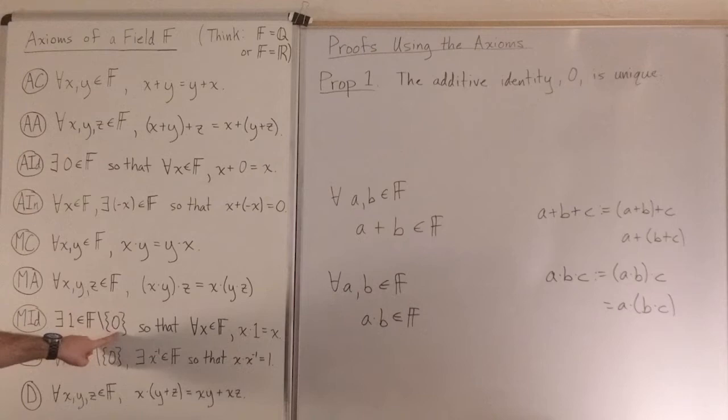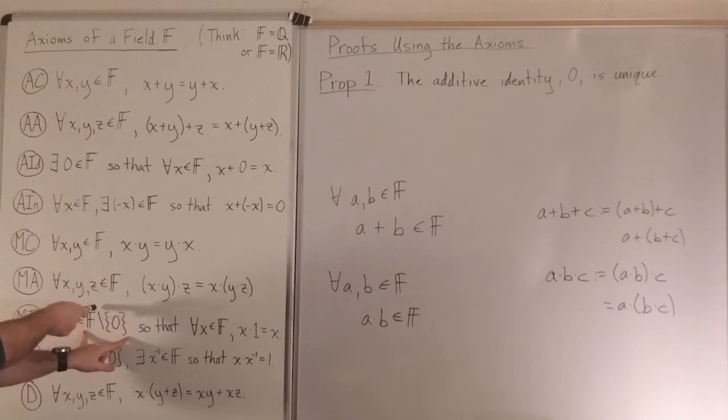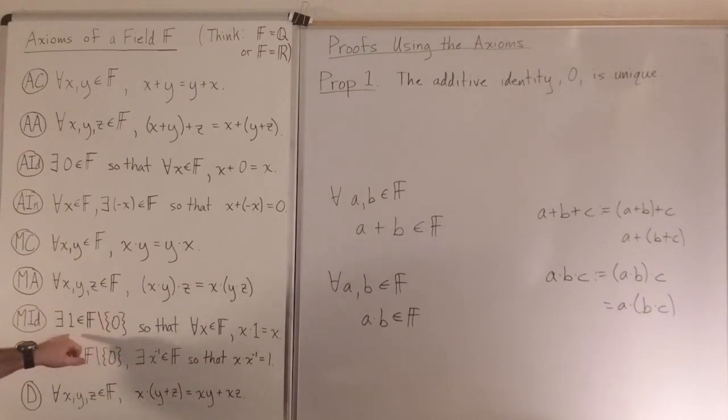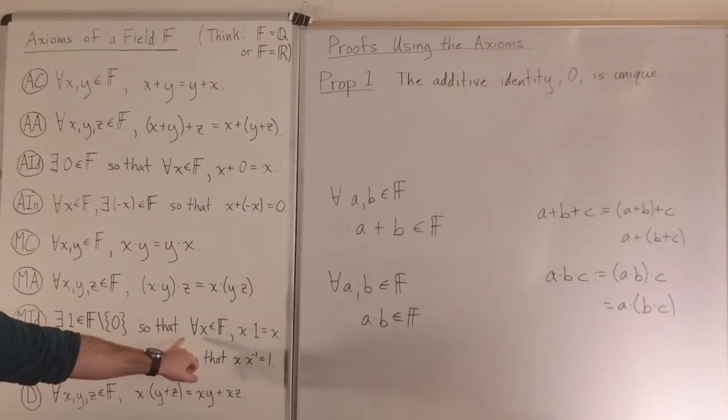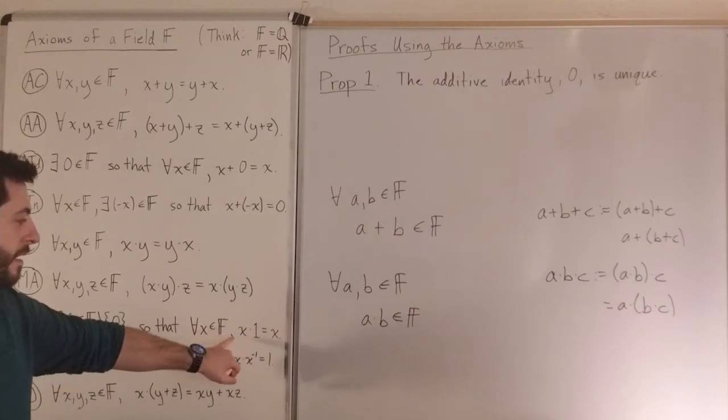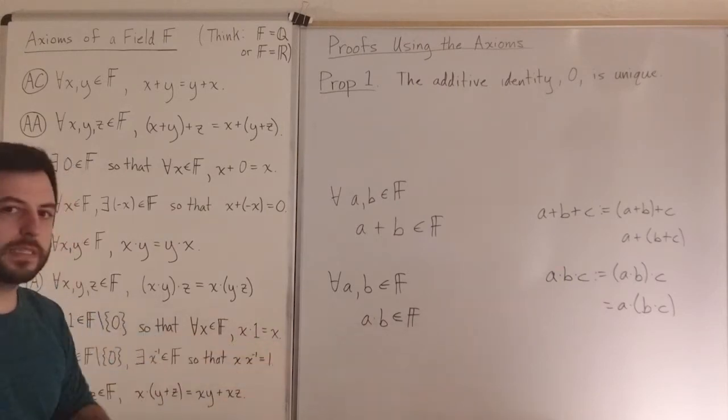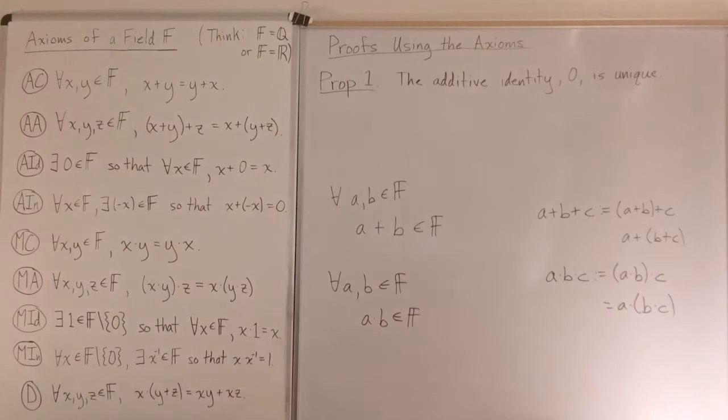So I know 0 is an element of F, and so this set is the set of all elements of F minus the 0 element. I'm not including 0, and I'm saying 1 is an element of this set. In other words, 1 is an element of F, and 1 is not equal to 0. That's all that's saying. And I want this 1 to have the property that for any x in F, x times 1 is equal to x. Okay?